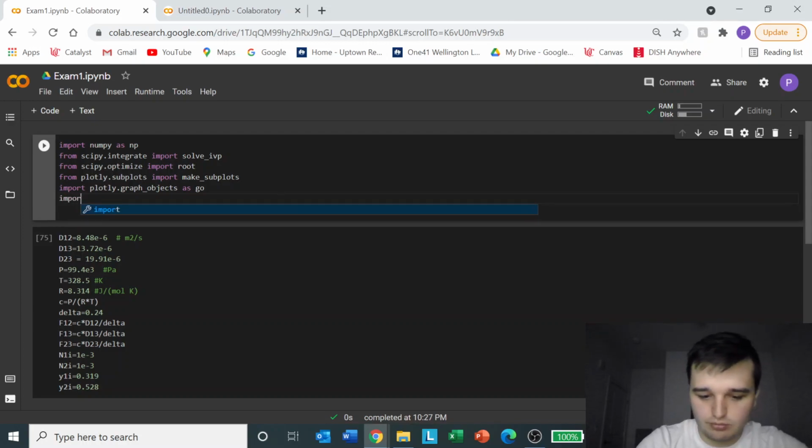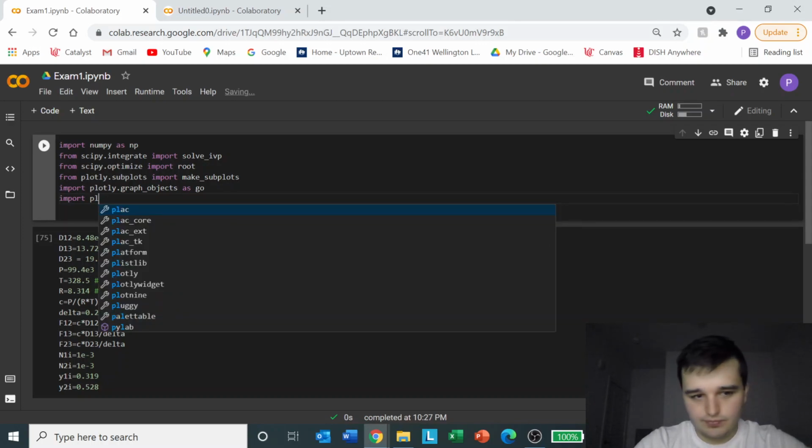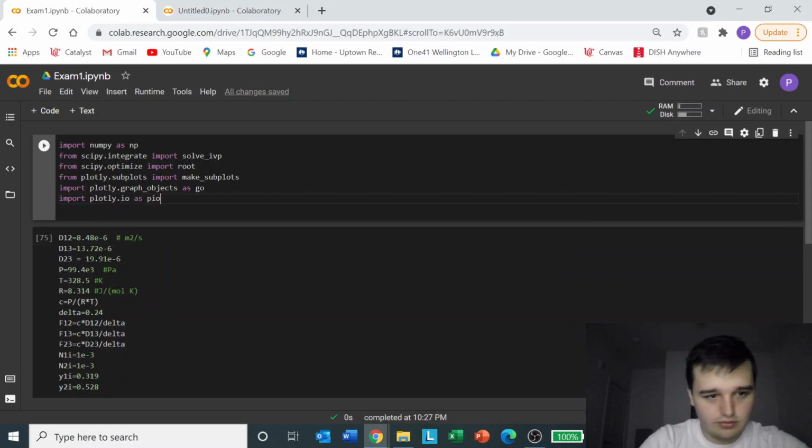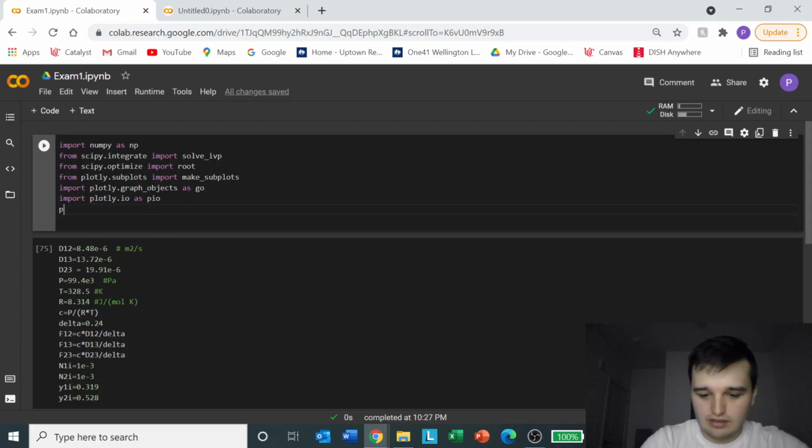And then we also want to import, now this is totally optional, but I think it looks better, plotly.io as pio. That allows us to change the template of the graph to whatever we want. So we're going to set the default template equal to plotly_dark.